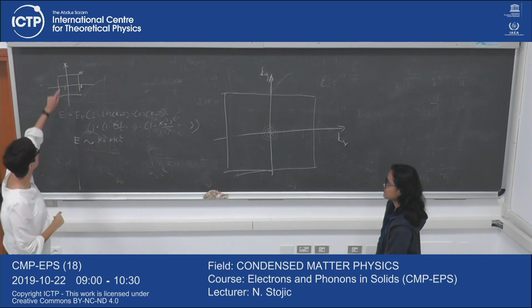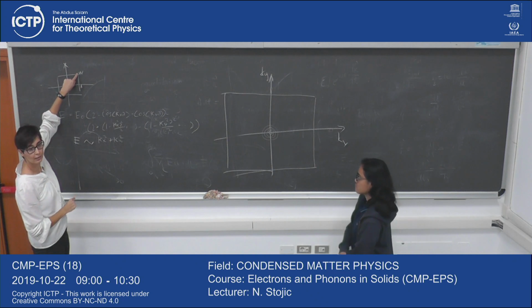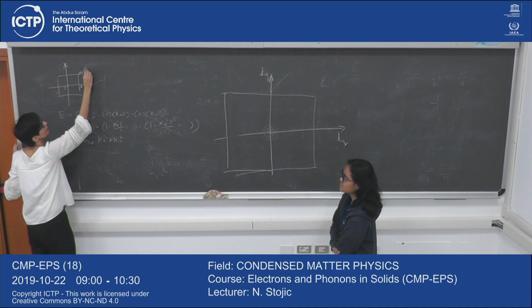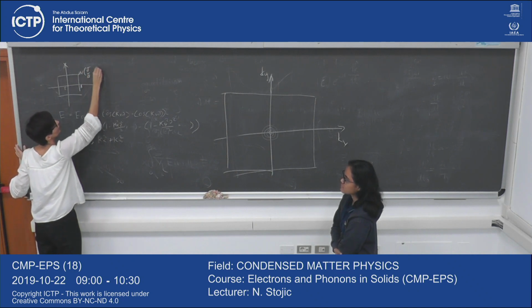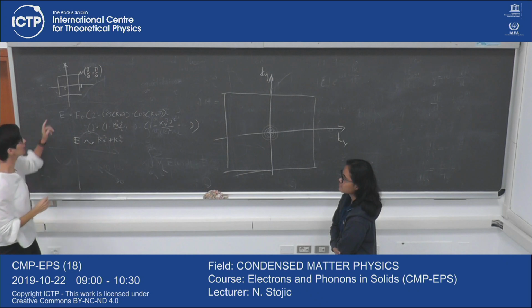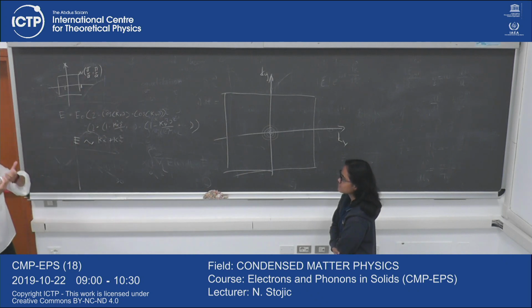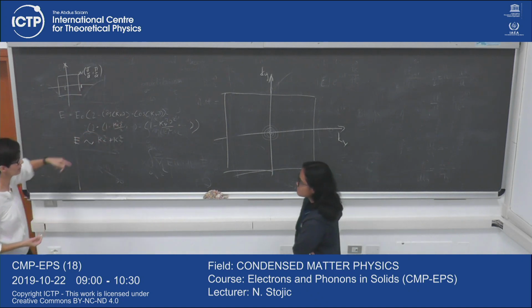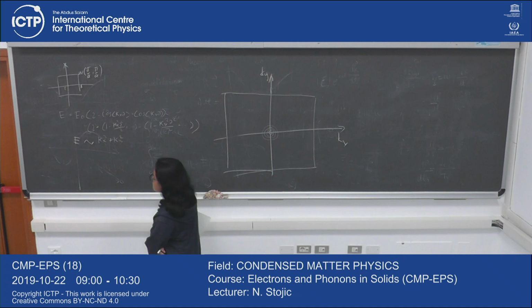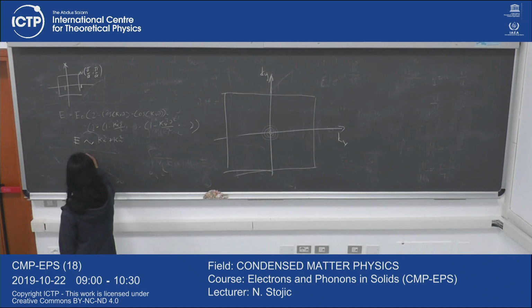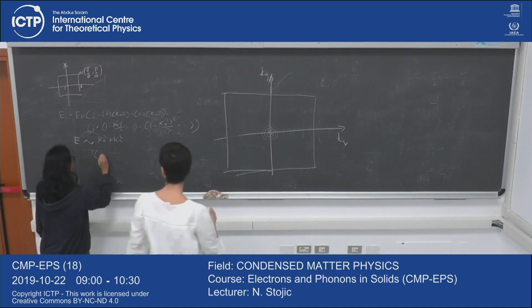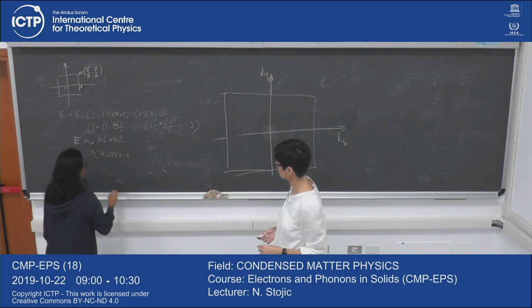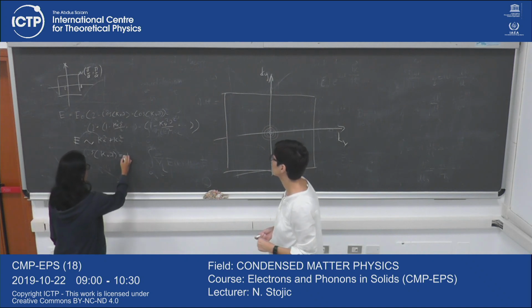Now let's expand around the W point, just a small amount. So the W point is pi over a. You expand around there, for small displacements. So it's just a cosine of pi over a minus kx. We can write it step by step.